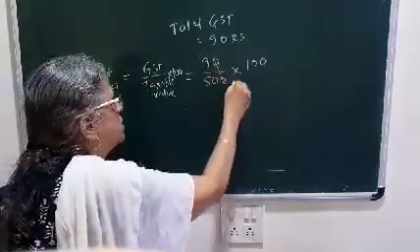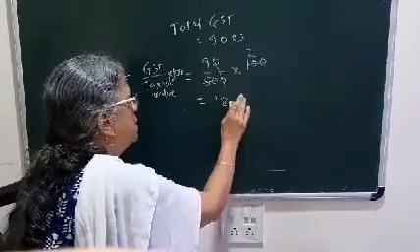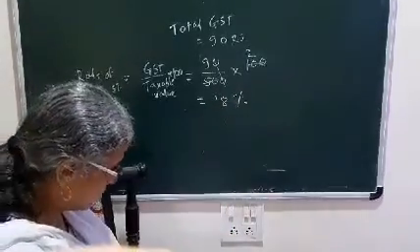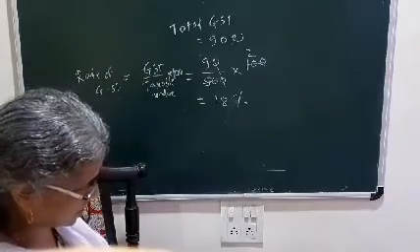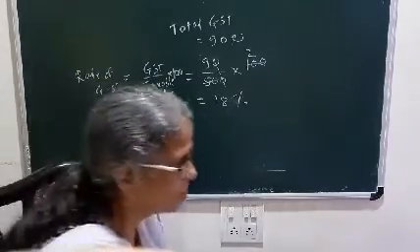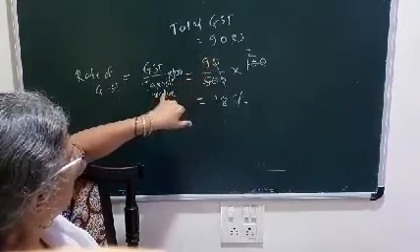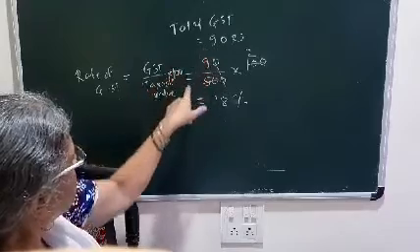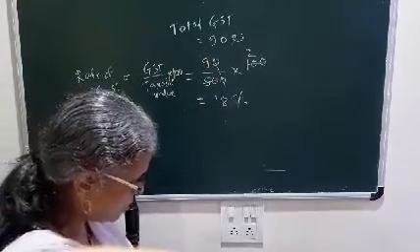Cancelling the zeros, this will be 18%. 18% will be the rate of GST charged by the agent. This is a somewhat different sum, but remember: total GST is known, taxable value is known, GST upon taxable value into 100 will give you the percentage of GST.